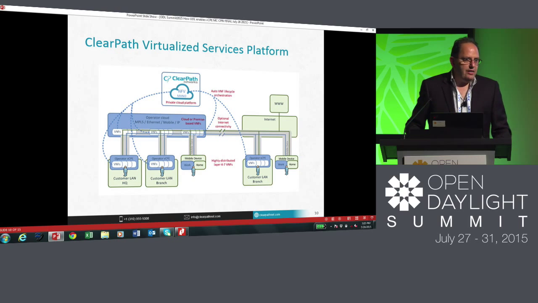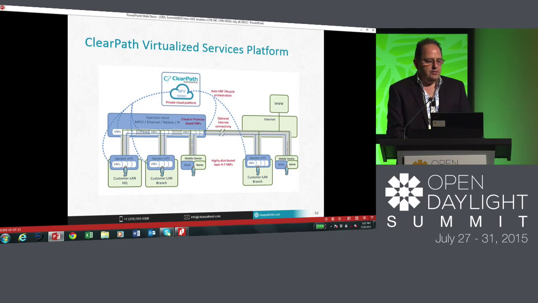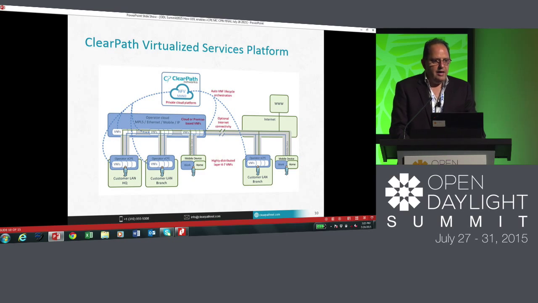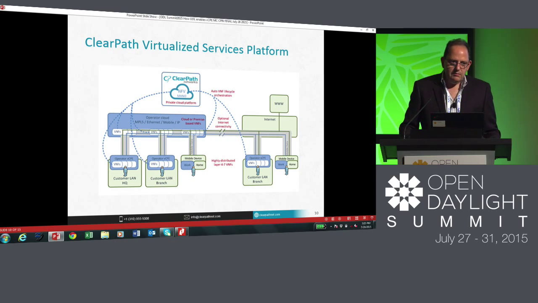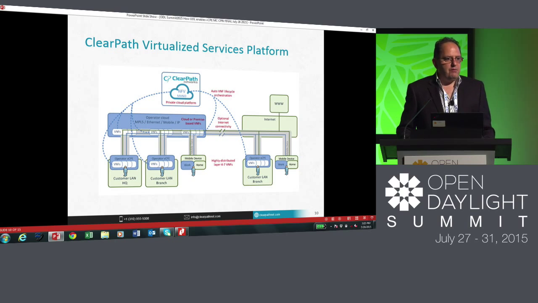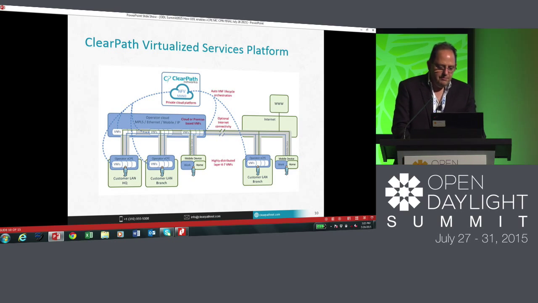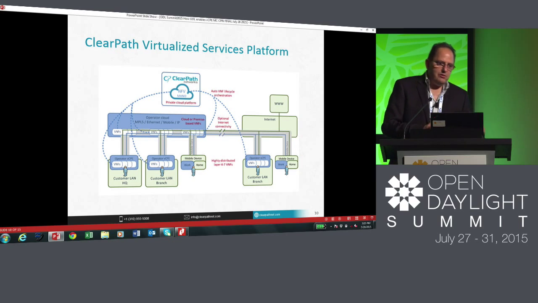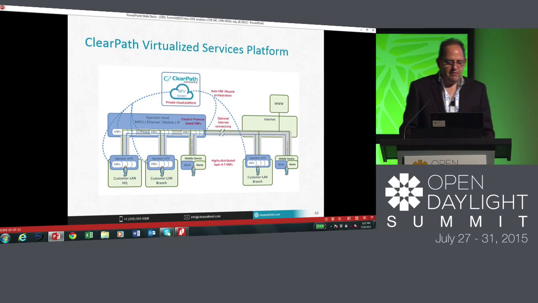So ClearPath has actually developed a virtualized services platform, which is our virtualized CPE offering, that enables very efficient delivery of managed services that have some of the properties and the requirements that we've been talking about. If we look at the bottom is the customer side, and at the top is more the provider side.